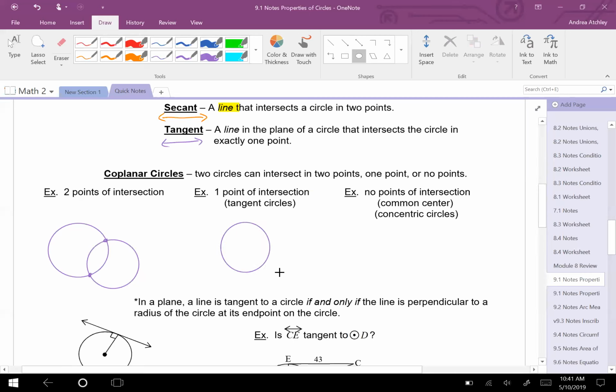So again, we're going to draw a circle, and they intersect in exactly one spot. It can look like that, or it could look like this, where a circle is inside another circle and intersects in just one spot. So either way.